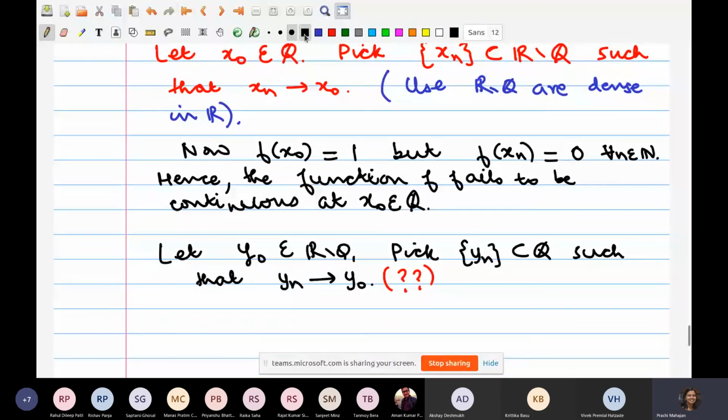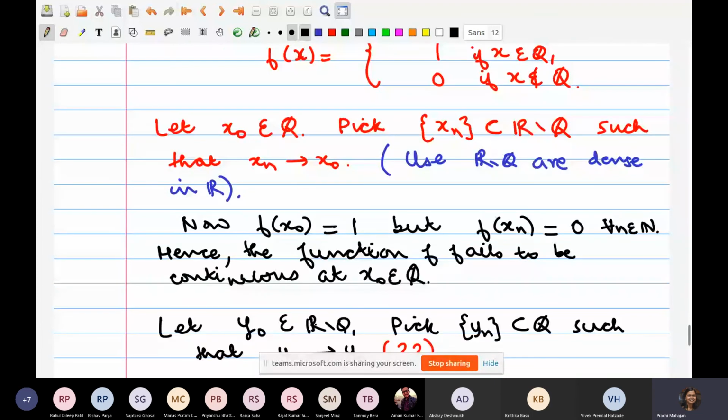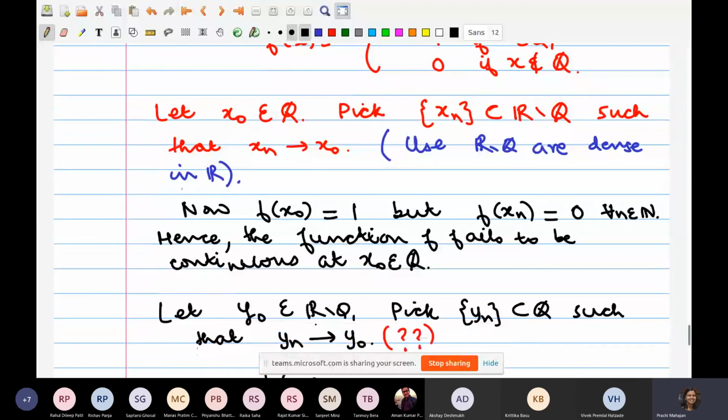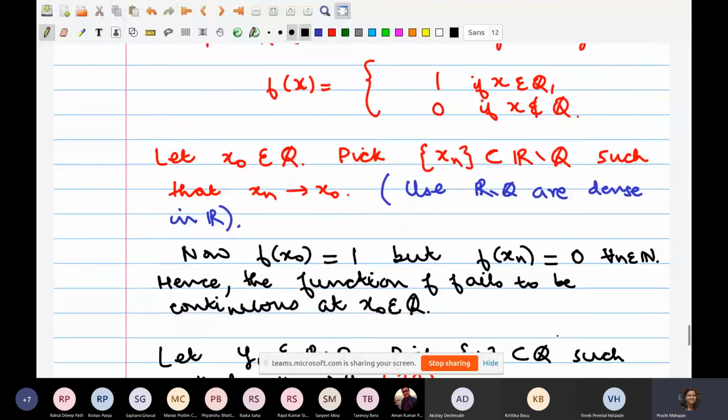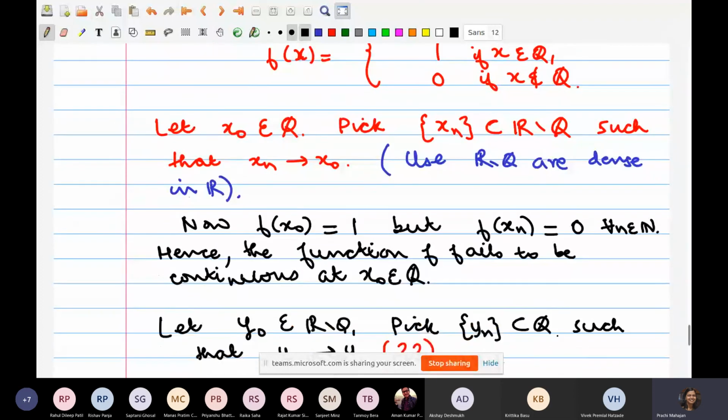So the way the function f is defined, what happens to f at the point y naught? At the point y naught, since y naught is not rational, f takes the value 0. But what happens to f at each of the yn? At the yn, since each of these yn are rational, f is 1.